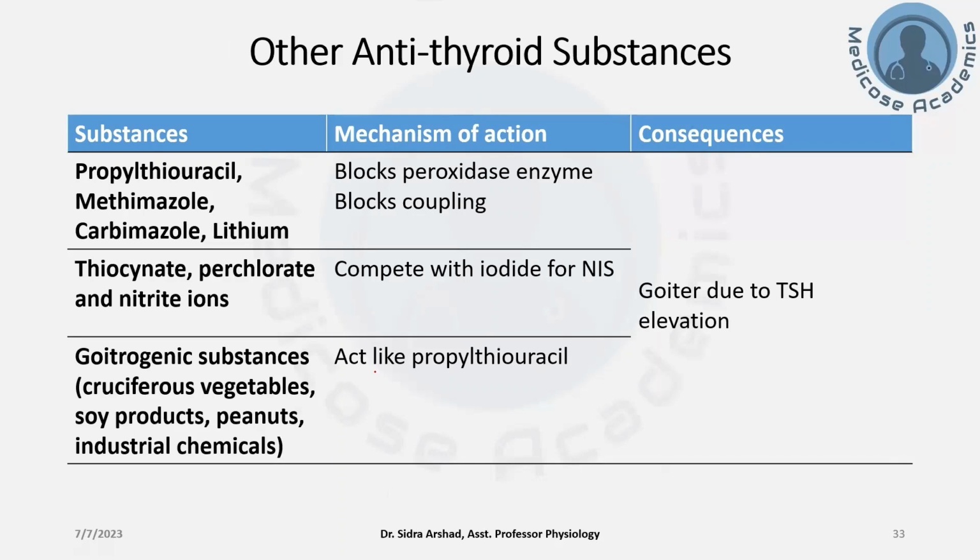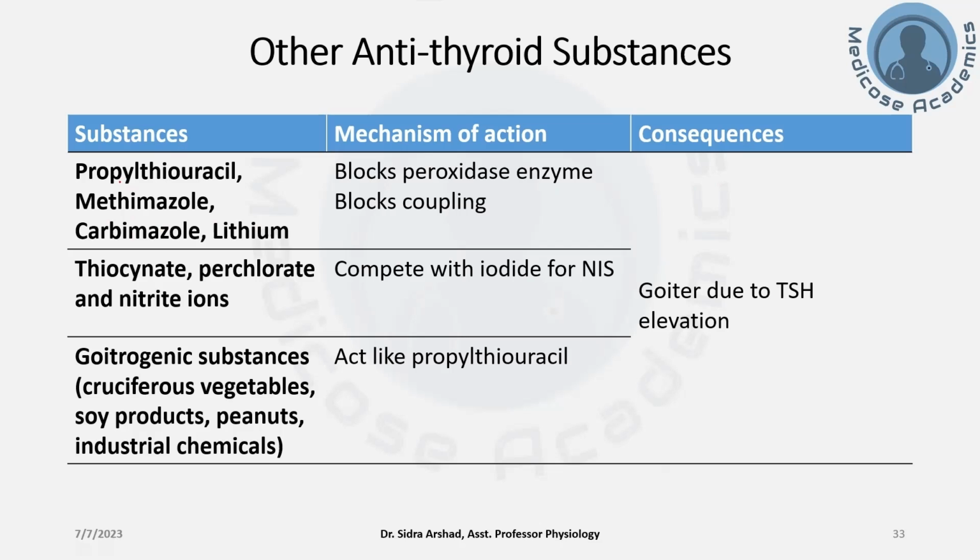So we had discussed the antithyroid actions of excessive concentrations of iodide. There are certain other antithyroid substances which can affect thyroid function. Some of these substances which you must know are propylthiouracil, methimazole, carbimazole, and lithium.